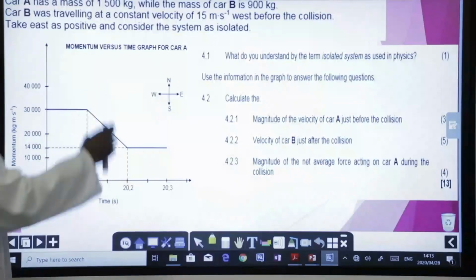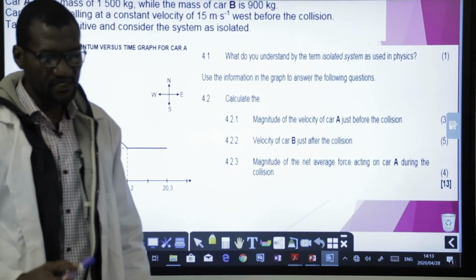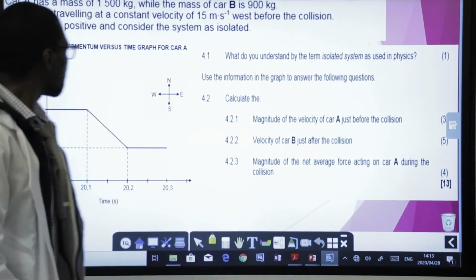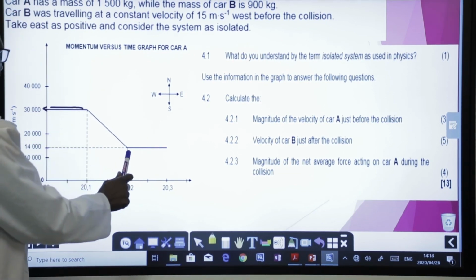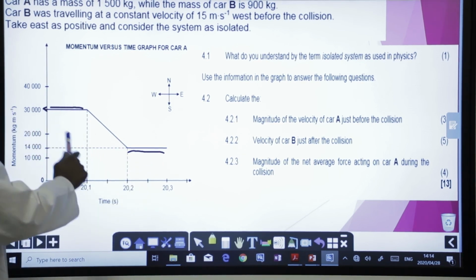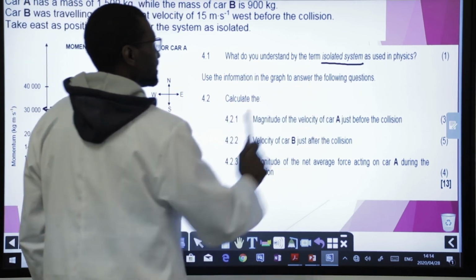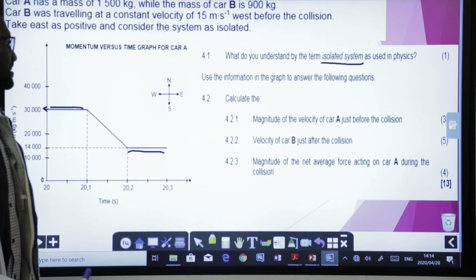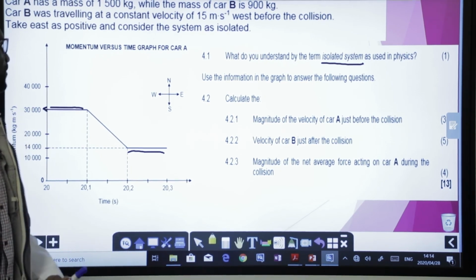It says, the graph below shows the momentum of car A that changes with time just before and just after the collision. So this is just before and this is just after. And it's showing you momentum. So you got P. The first question says, what do you understand by an isolated system? You must be able to answer that question. An isolated system is a system where there are no external forces.